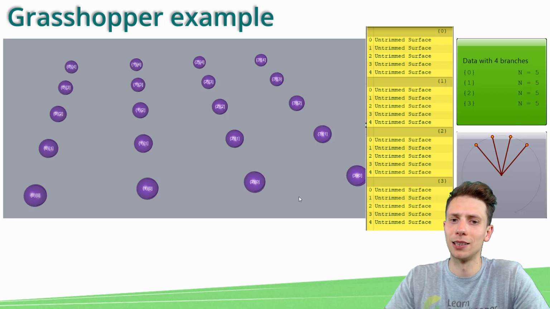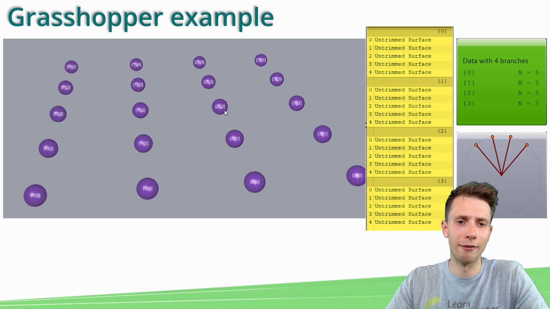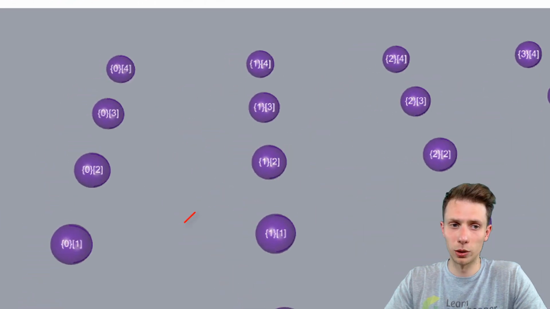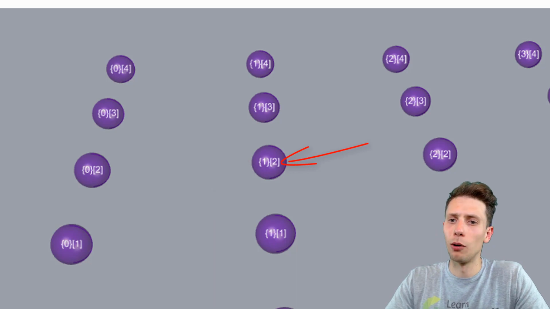Here it looks like this geometry. I also made text on every sphere showing which branch the item is placed in, the first in the curly brackets, and the second in the square brackets, which is the index it has.